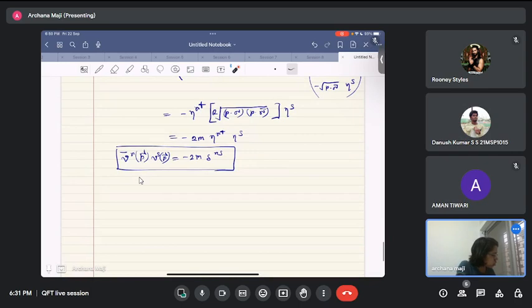Now, two other combinations turn out to be 0, which I was not very clear about in our last session. I just want to explain that.